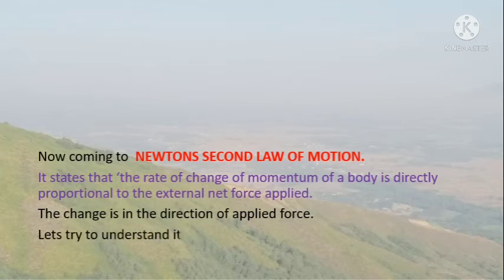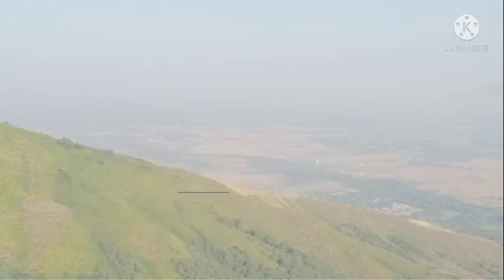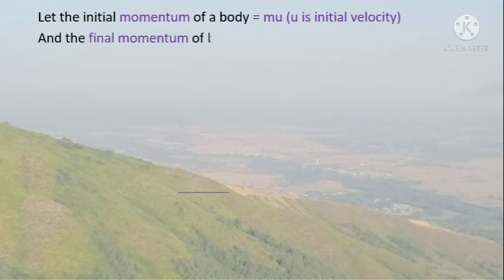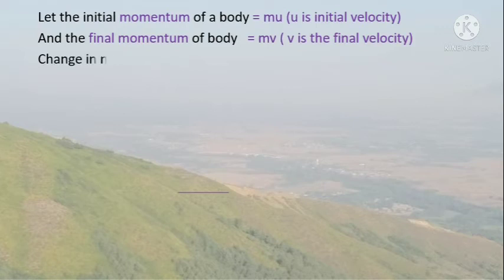Let's try to understand it in a clearer way. Let the initial momentum of the body be equal to mu, where u is the initial velocity, and the final momentum of the body be equal to mv, where v is the final velocity. Change in momentum will be mv minus mu.